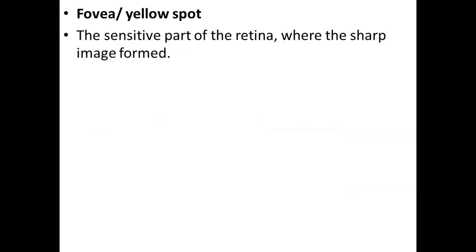For that we say yellow spot, the sensitive part of the retina where the sharp image is formed.